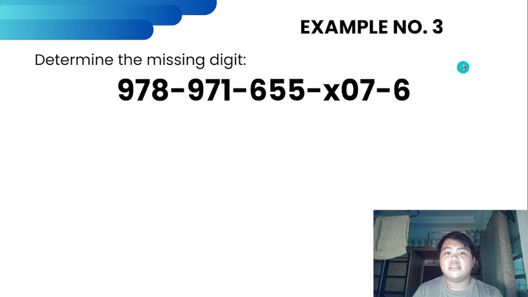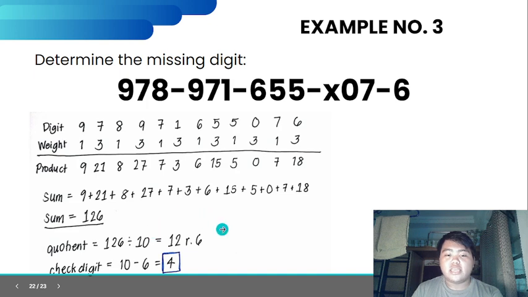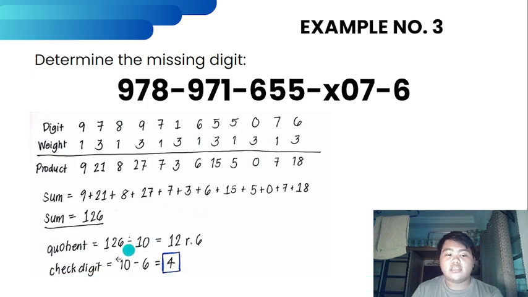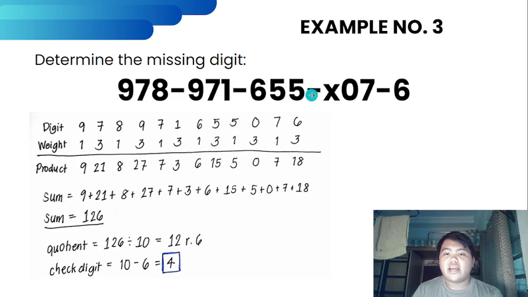Expressing it as this solution, the sum of products that we obtain is 126, and the quotient is 12 remainder 6, so the check digit of the given ISBN 13 is 4. So the ISBN 13 of this given problem is 978-971-655-4076.